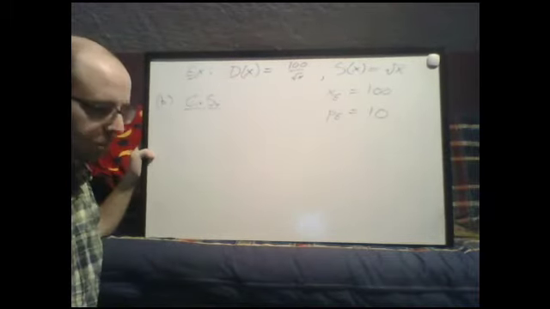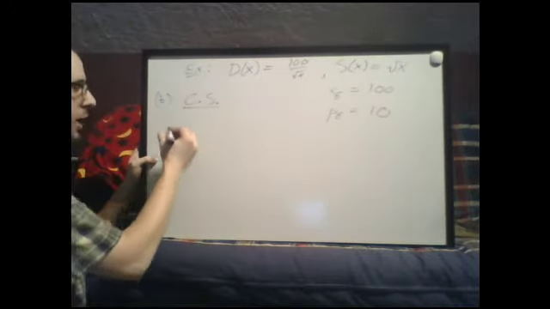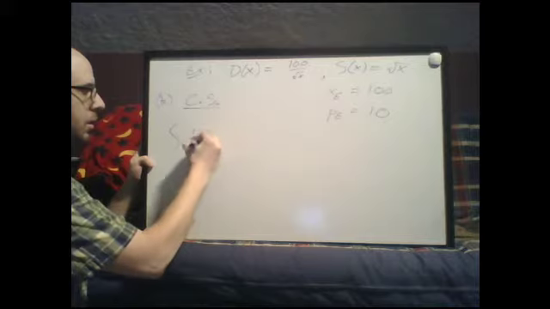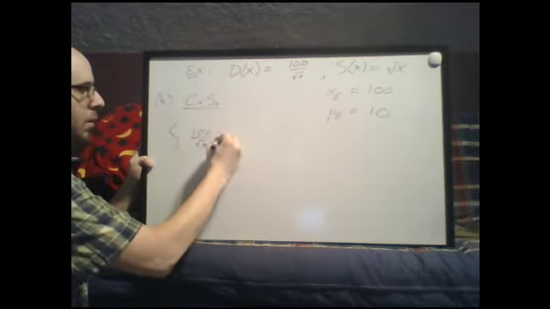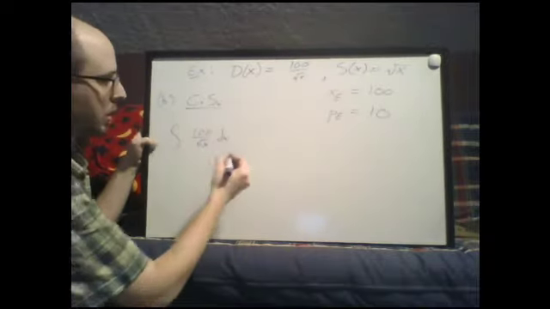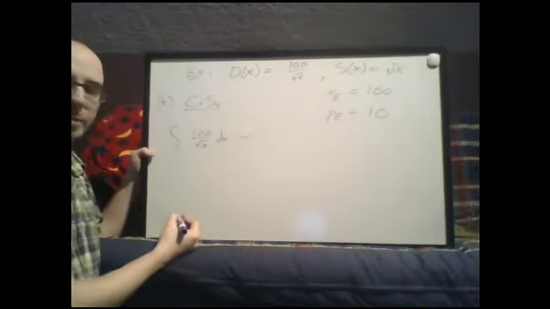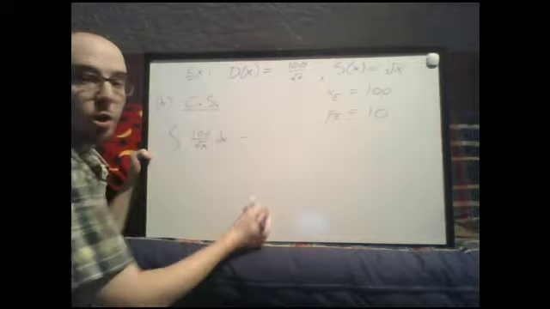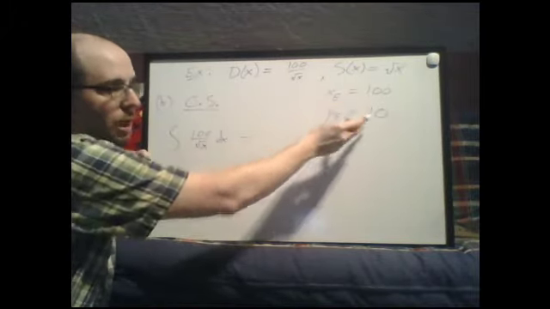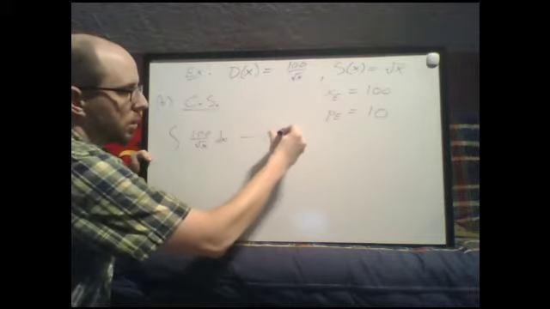So consumer surplus, that's our integral of the demand function. I'll come back and put the bounds. But the integral of the demand function minus our revenue. The revenue is xe times pe, so 100 times 10, that's 1,000.